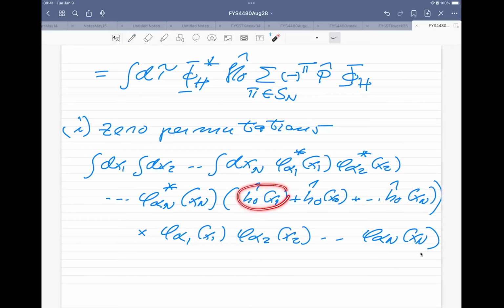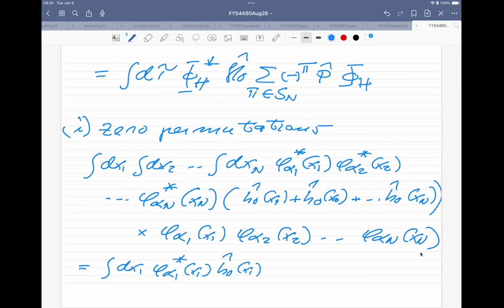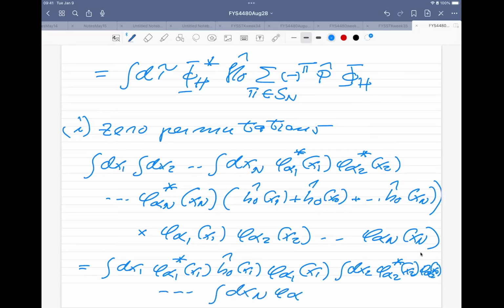If we single out this piece, if we take the first term, we're going to have a dx1, and then we have phi alpha 1 of x1, h0 of x1, phi alpha 1 of x1, and then there's a series of integrals over dx2, and then I simply have phi alpha 2 of x2, phi alpha 2 of x2 here, and this continues all the way up to dxn of phi alpha n of xn, phi alpha n of xn.